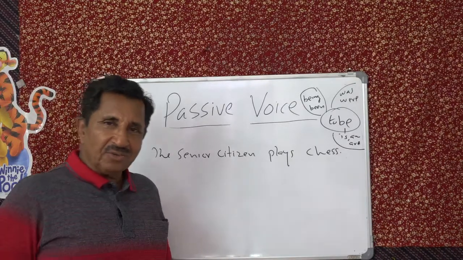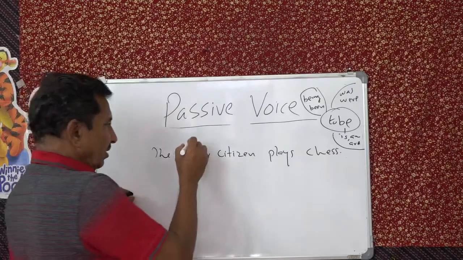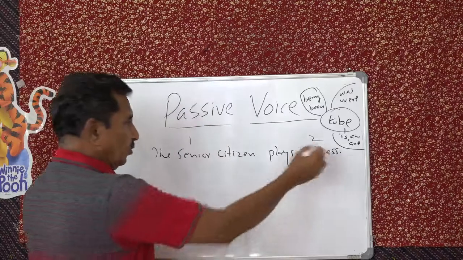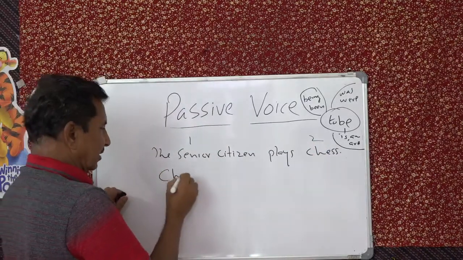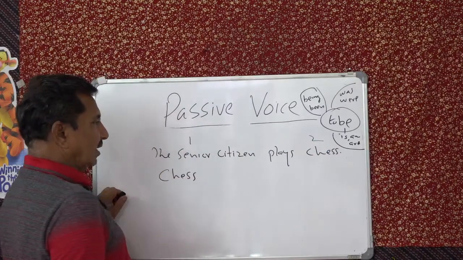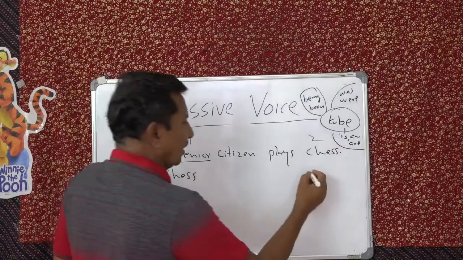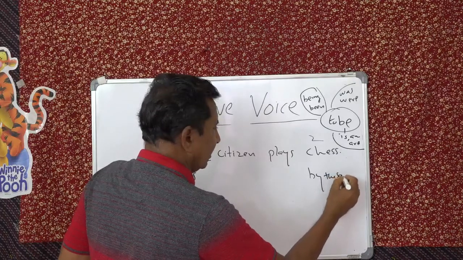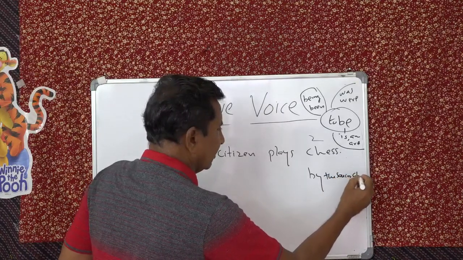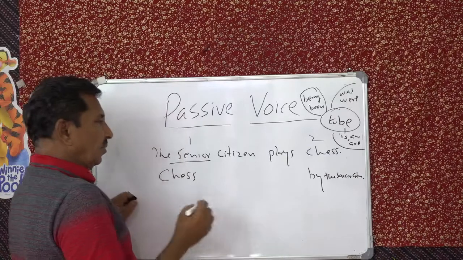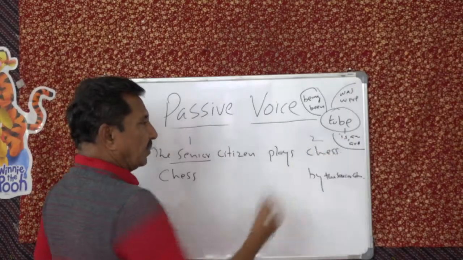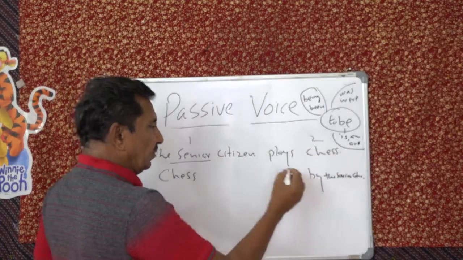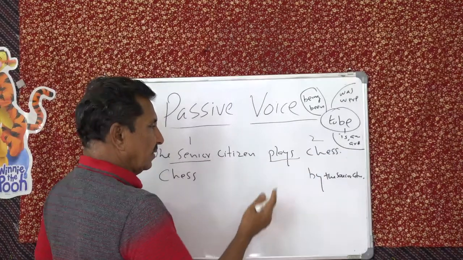What is the first thing to do? This is 1, this is 2. 2 will come here, so chess. And 1 will go here, by the senior citizen. Now, verb to be, three present forms. Which form? Present.